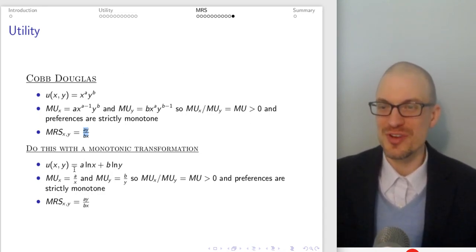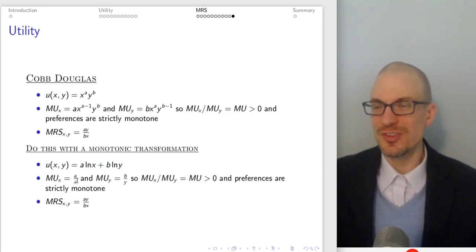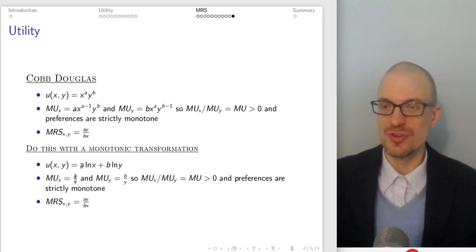You can take a monotone transformation. So let's take the natural log of the Cobb-Douglas. It's this, right? If I take the natural log, it's going to be a ln of x plus b ln of y, for the reason a couple slides before. The marginal utility of x is going to be a over x, because the derivative of this with respect to x is 1 over x times a. The derivative of ln y is 1 over y times b, which is b over y.